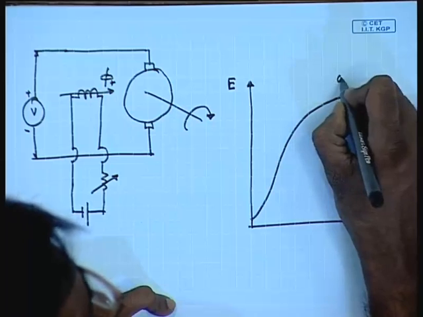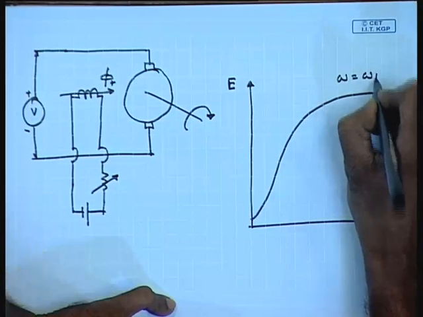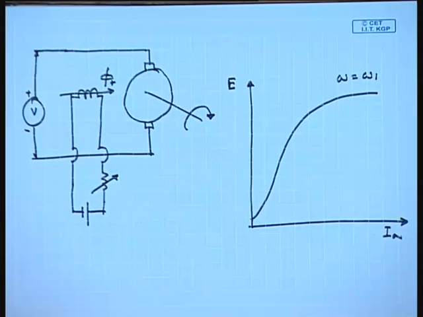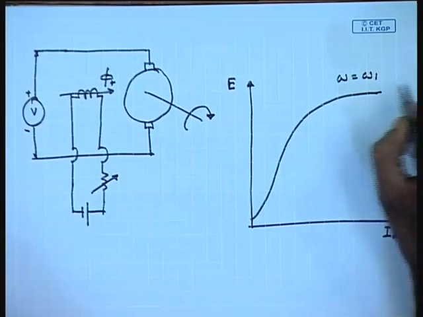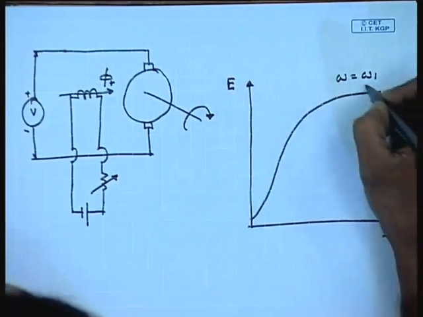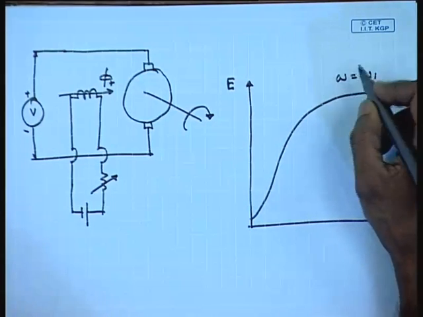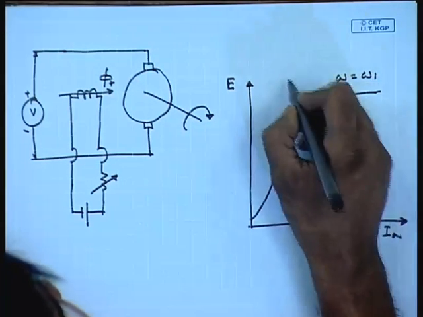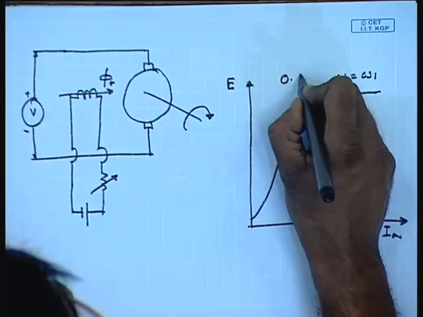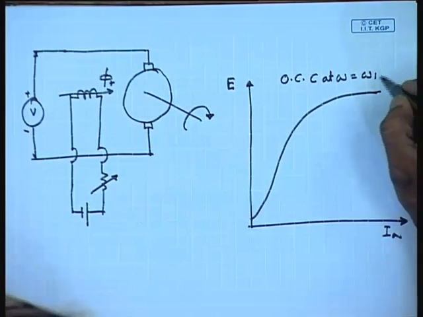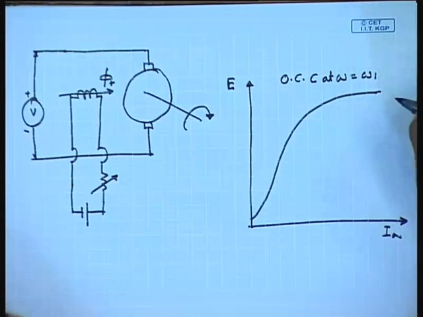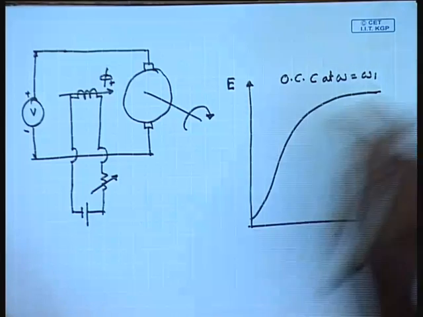At omega equal to omega 1, we know that the induced voltage is proportional to the rotational speed, therefore, the OCC at any other speed can be obtained by simply scaling one OCC by the ratio of the speed.